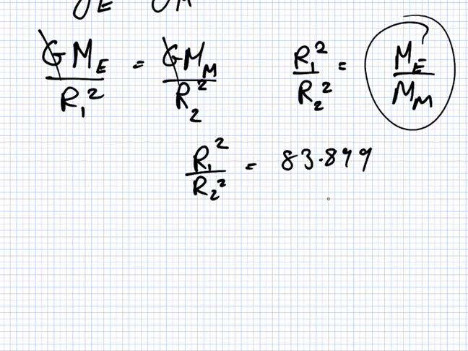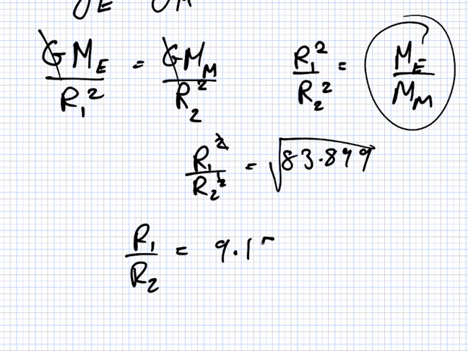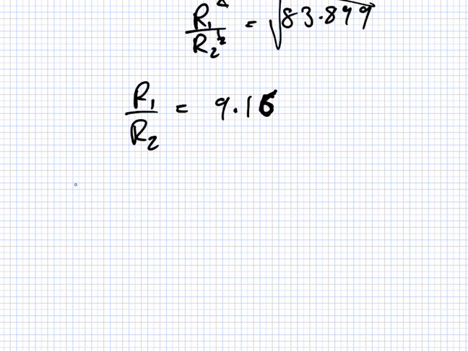Okay, what do you think I should do next? When you find the ratio, you square root it. So I get R1 over R2 equals 9.16. Let's go back to my diagram here. So this is R1, and this here is R2.